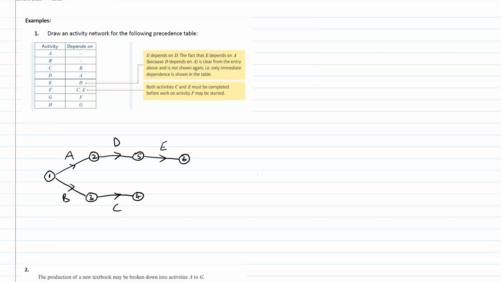Okay, so because F requires C and E, what we can actually do here is we can adjust this slightly. So we put E going down here. Okay, you might want to call this 4, but as I said, don't worry too much about the labeling of things for now.